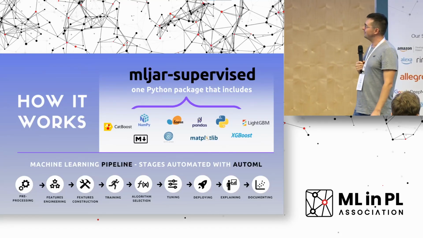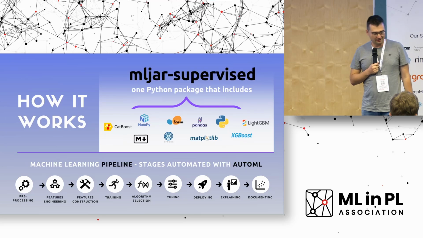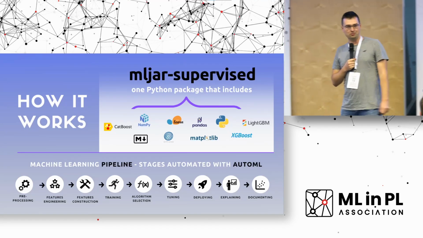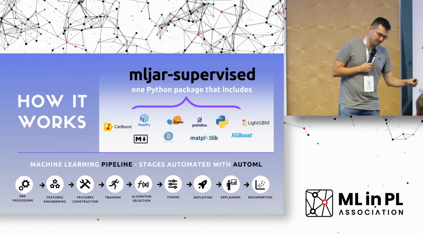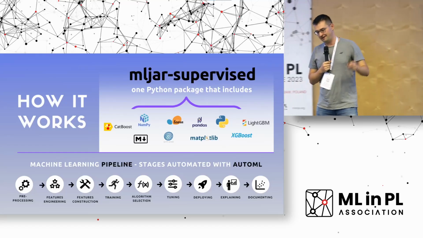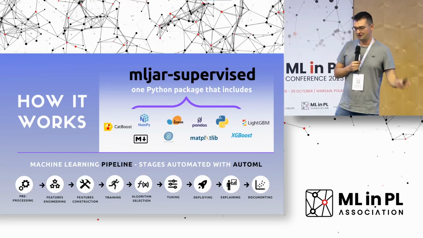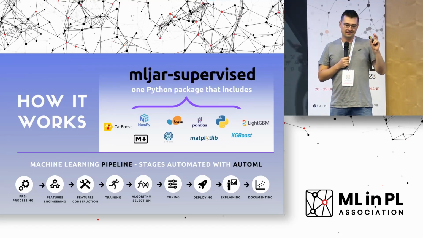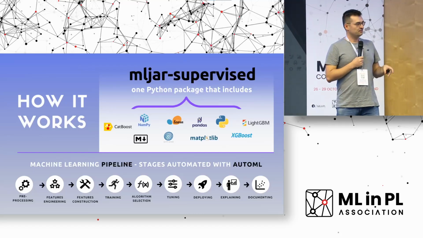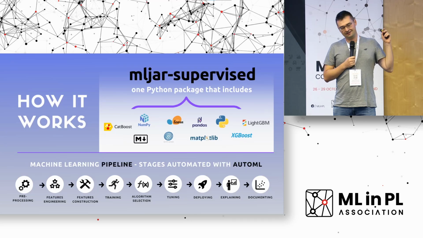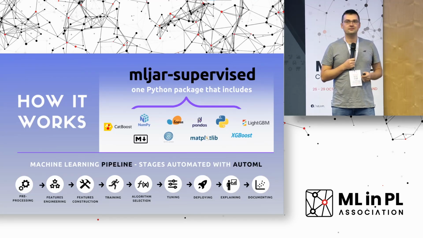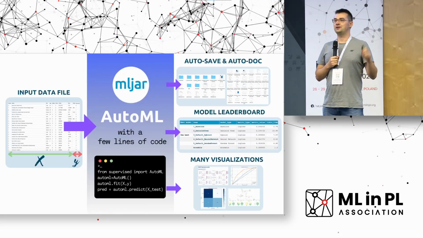I think that the killer feature in our AutoML is automated documentation, because you can just drop your data, and at the end you have a model file, and you have documentation in Markdown or HTML format, and you have a lot of different explanations and visualizations for each model.